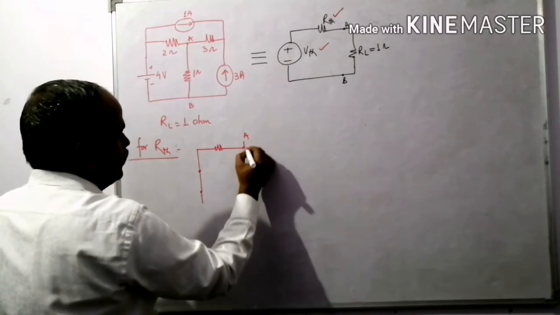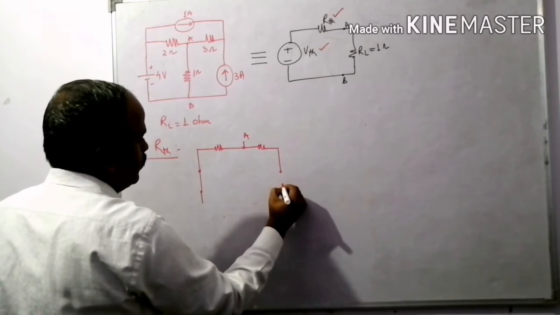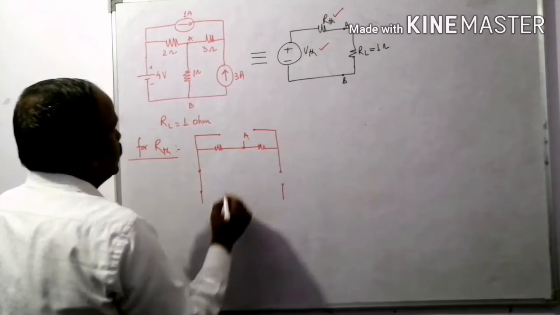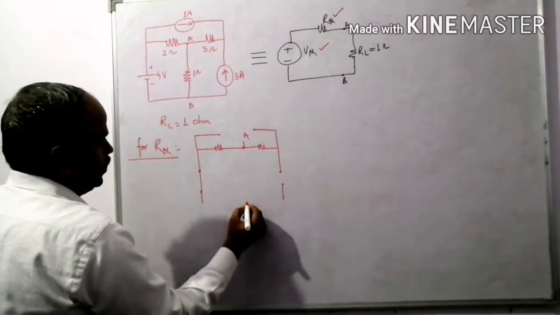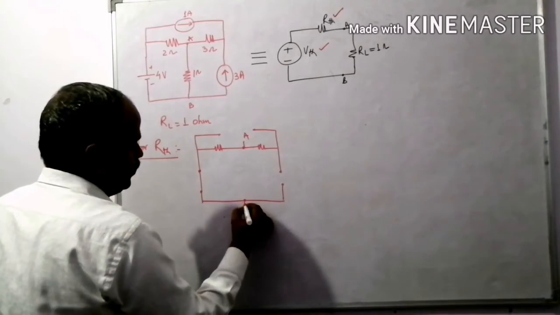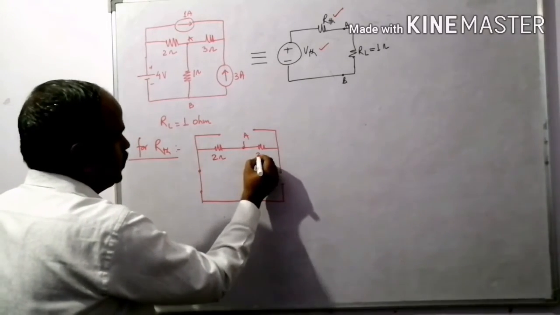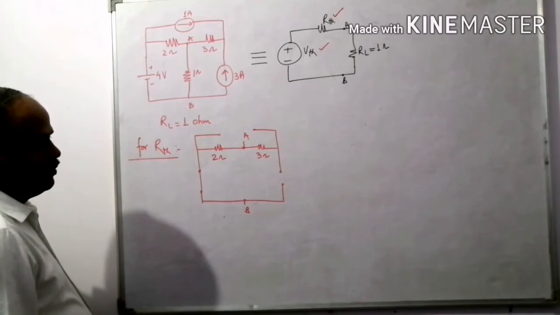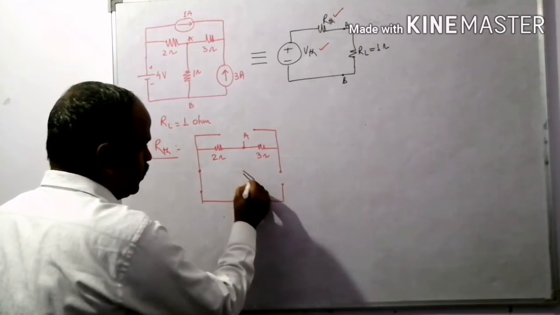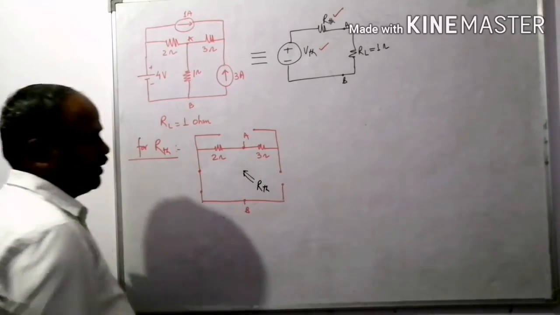This is the point A, and this one is the point B. This one is 2 ohm, this one is 3 ohm. That's why the resistance across point A and B is nothing but RTH.